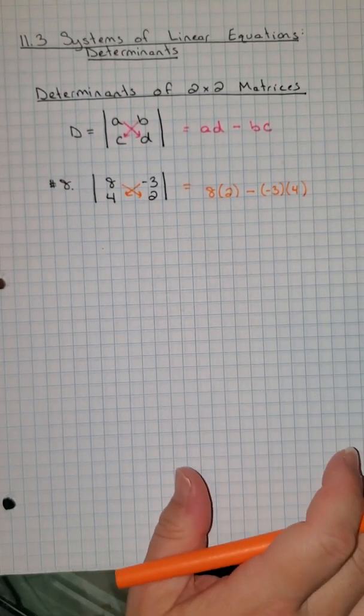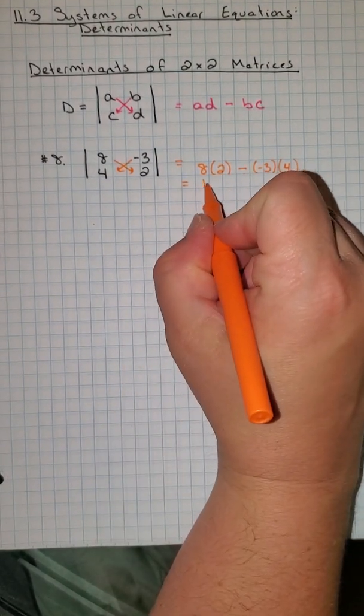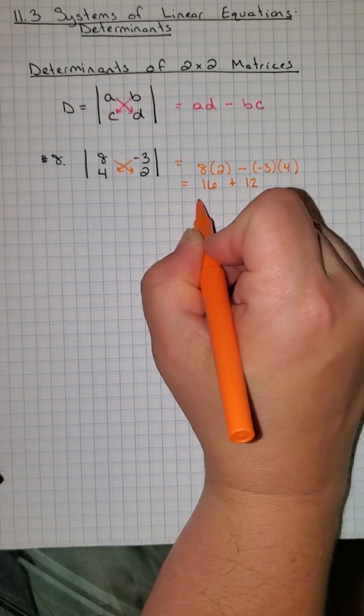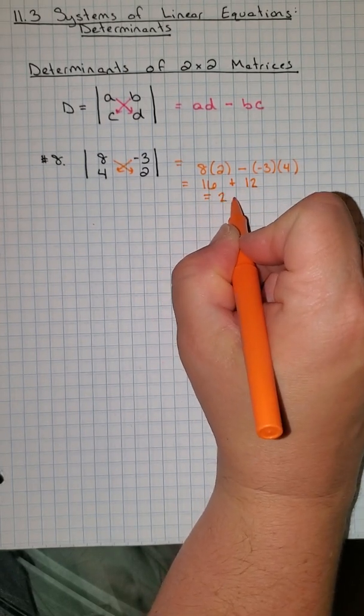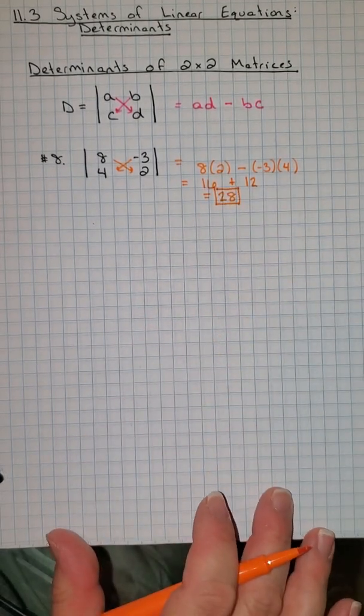Just got to be careful with those negatives there. So 8 times 2 is 16, minus the negative will be plus, and that's 12. 16 plus 12 is 28. So that's the determinant of that 2 by 2 matrix.